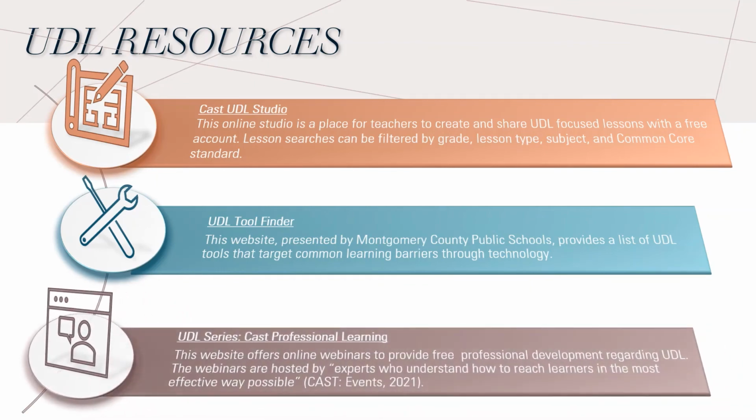And the UDL series CAST Professional Learning offers online webinars for professional development regarding UDL. You can find these resources and many more at these two websites, Brookes Publishing and the Connecticut Department of Education. All of these are hyperlinks that you can click on and continue your research if you choose.